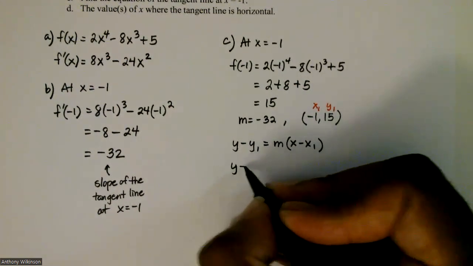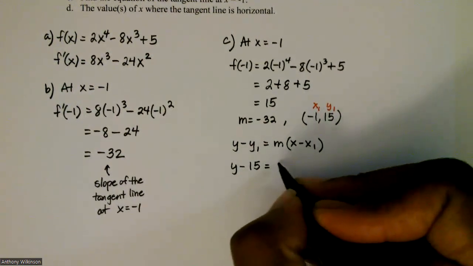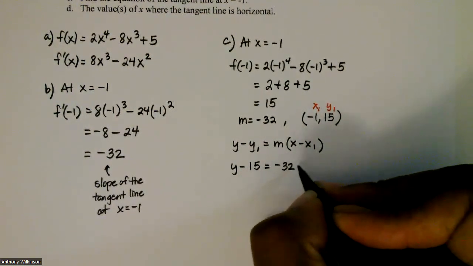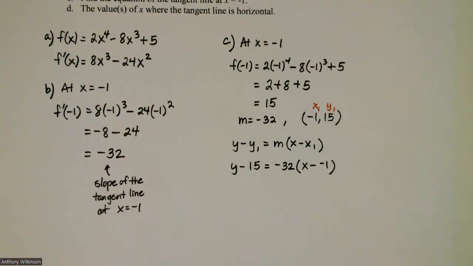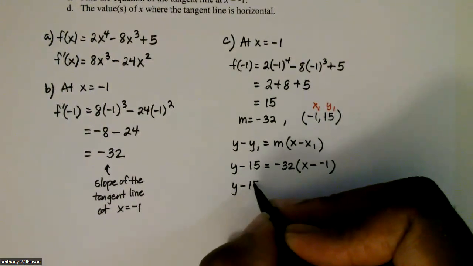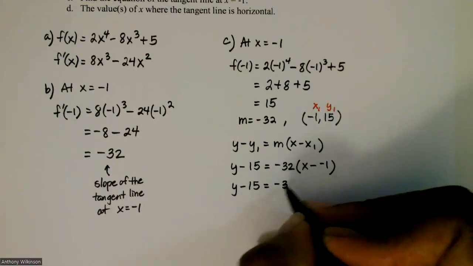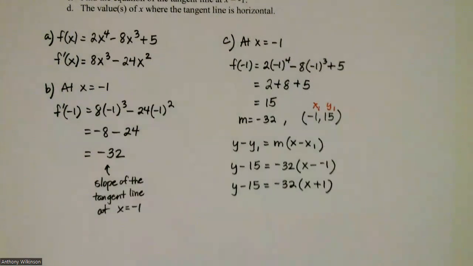So this will be y minus y1, which is 15, is equal to your slope m, -32, times x minus x1, which is -1. Well, x minus a -1 would be x plus 1, so I'll have y minus 15 is equal to -32 times x plus 1.